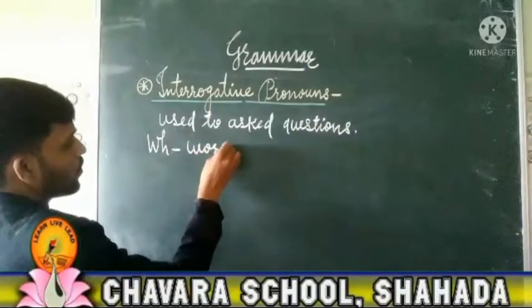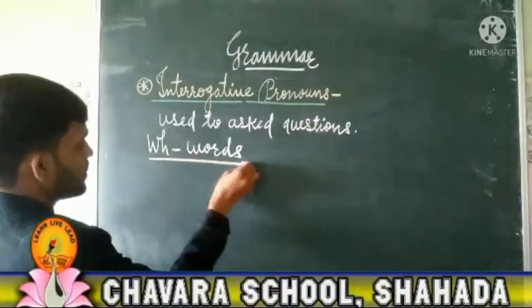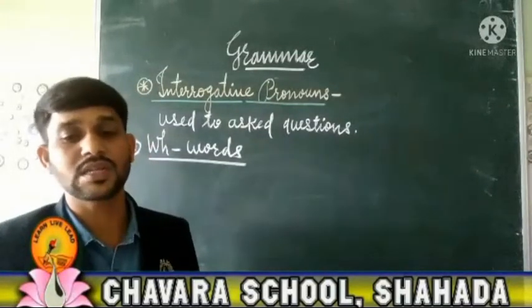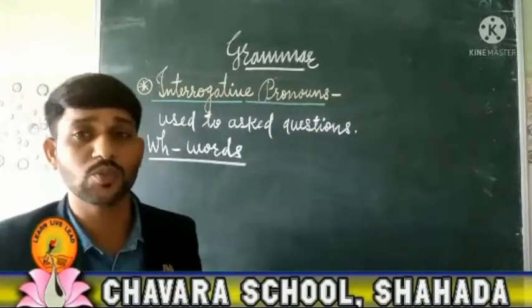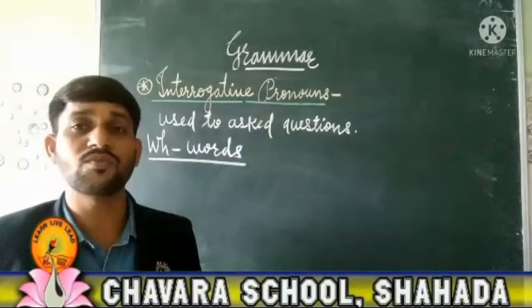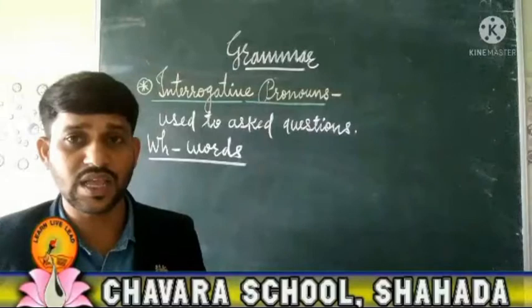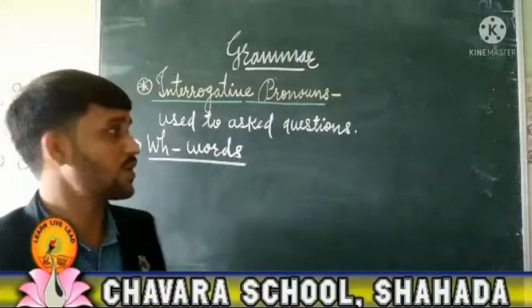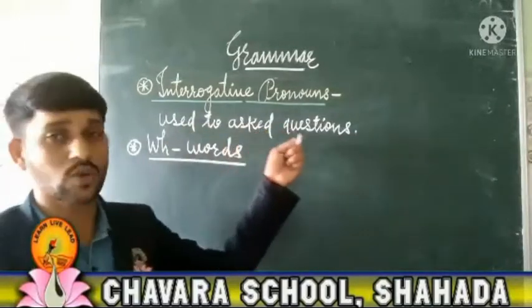Let us see examples of how they are used as interrogative pronouns in a sentence. Those pronouns come at the very beginning of the sentence. They help form a question. That's what we say, used to ask questions.